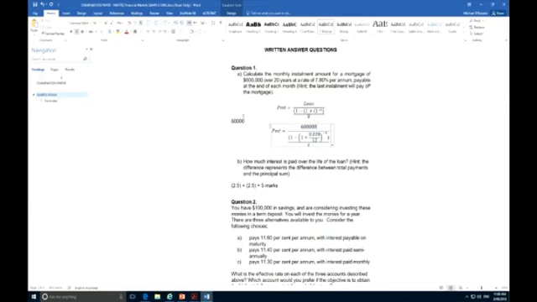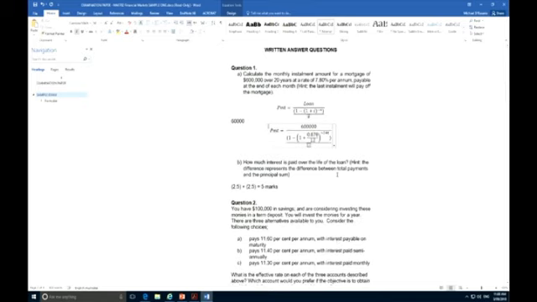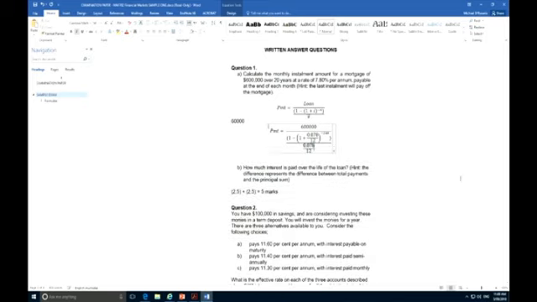Sorry, it's a little bit tedious in equation builder. Got to click in the right spot. Sorry about that. 120 plus 120 is 240. And our value of I. There we go.